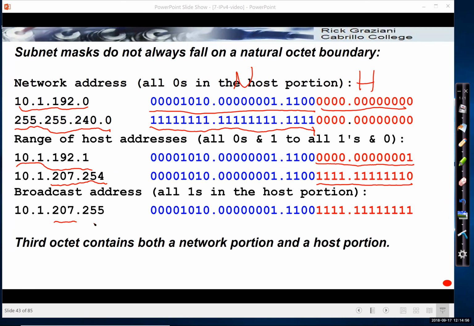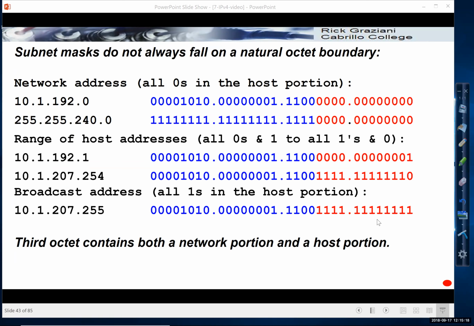And our broadcast is 207.255. So sometimes we need to convert our addresses to binary to figure out things like what is the broadcast address, what is the range of hosts, or what are the valid hosts on that network.